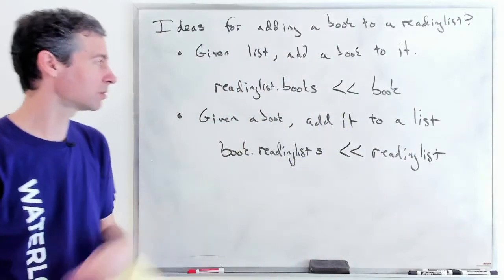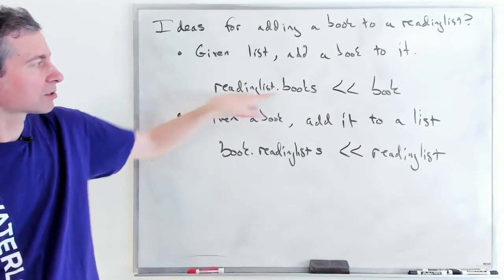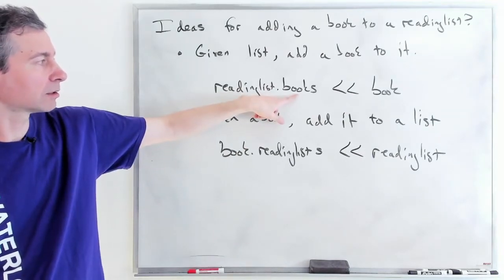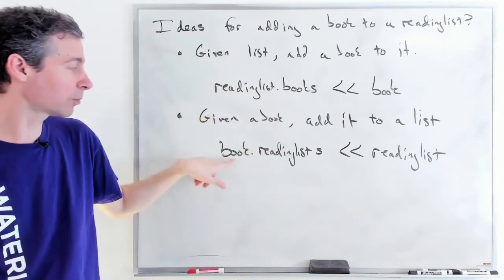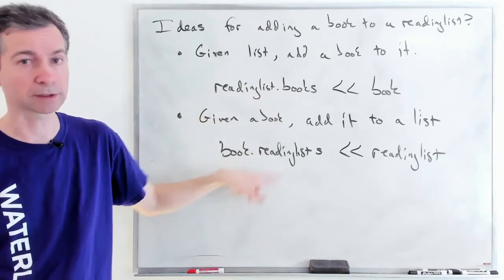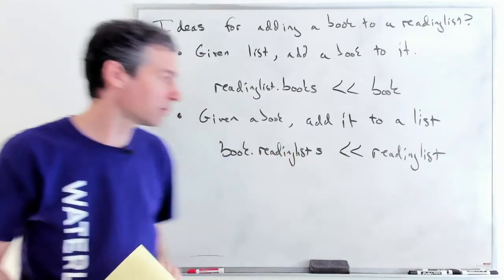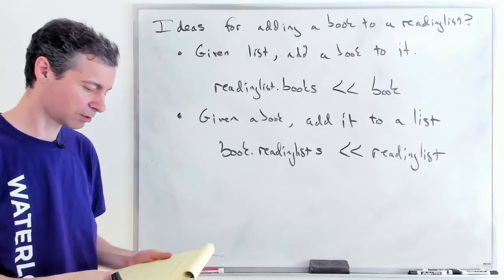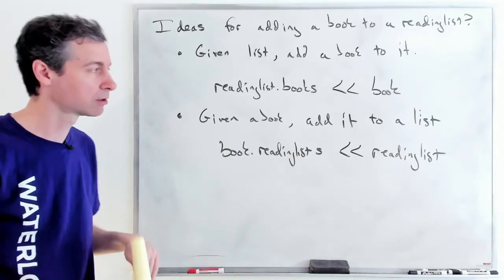So we could be working from the reading lists to add. So we've got a reading list in hand and we add a book to it, or we could have a book and we could put it on a reading list, okay? And we might even build our application to do both directions.